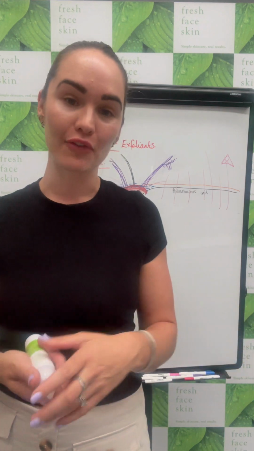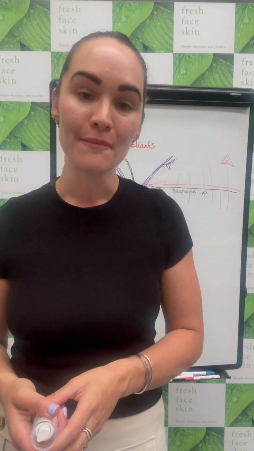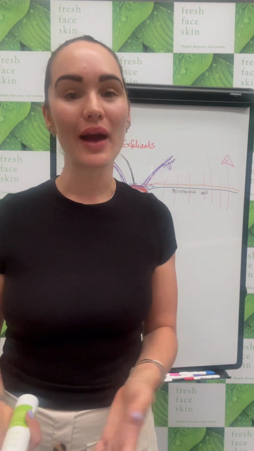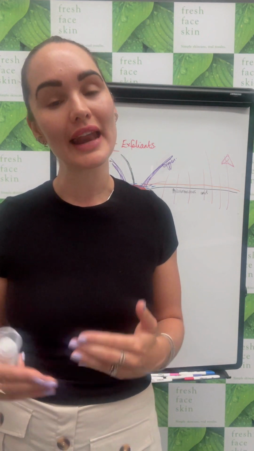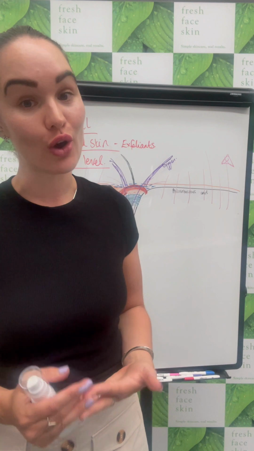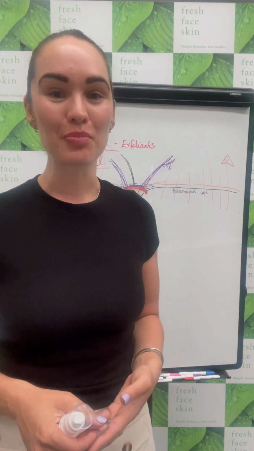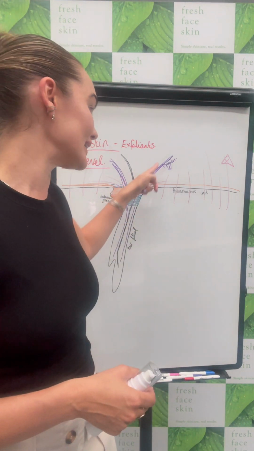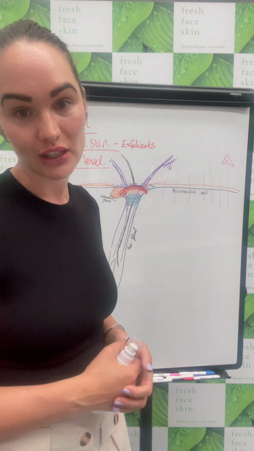So products like our AHA enzyme or our recovery mask, depending on your skin and your skin type, are a great way to regularly just buff off and help remove any surface buildup to allow your products to optimally absorb, but to also prevent that bacteria forming and allow that oxygen to enter your hair follicles.